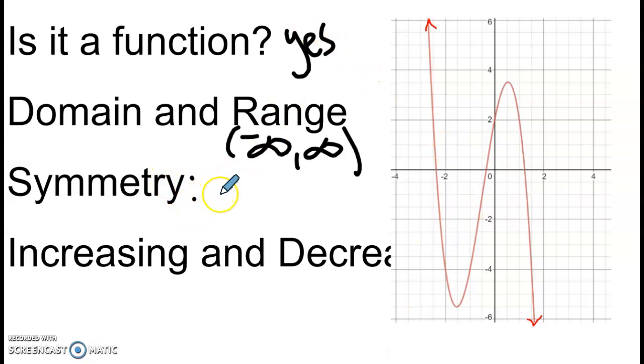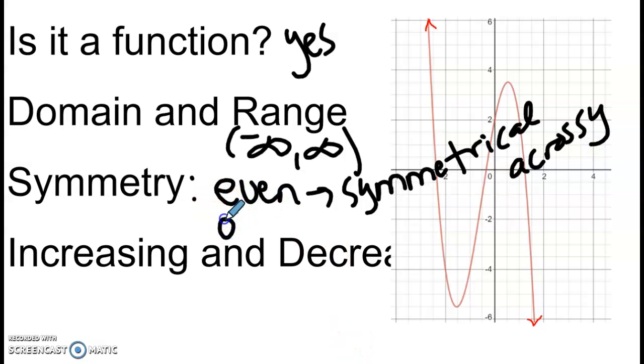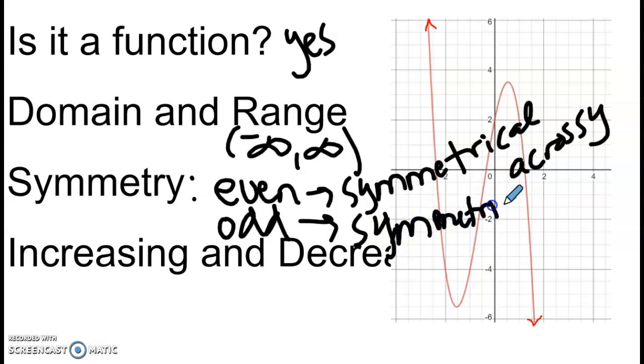Basically, if it's y-axis symmetry, then we call it even. That's if it's symmetrical across y, which this is not. We call it odd if it's symmetric across the origin.